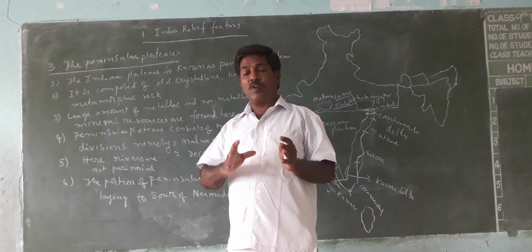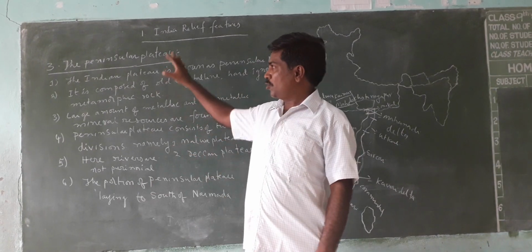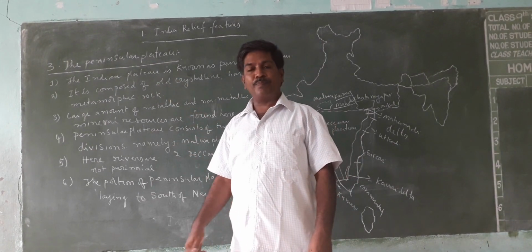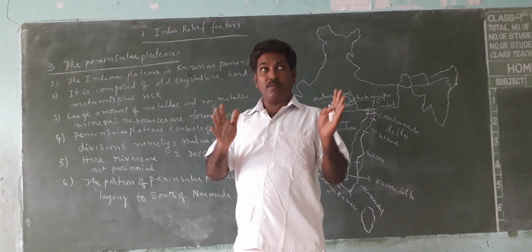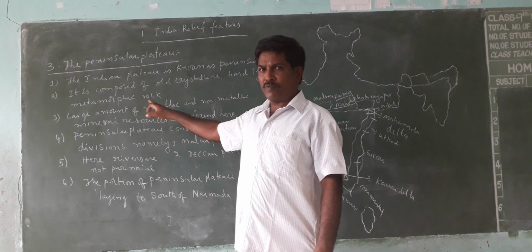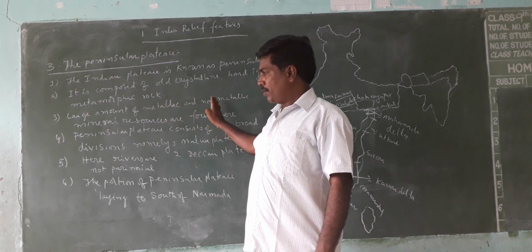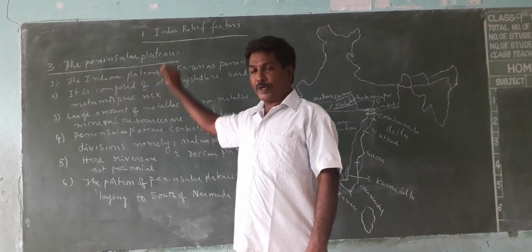Due to volcanic eruption, the entire peninsular plateau was formed, and it has the oldest soil in the world. Large amounts of metallic and non-metallic mineral sources are available in this peninsular plateau.